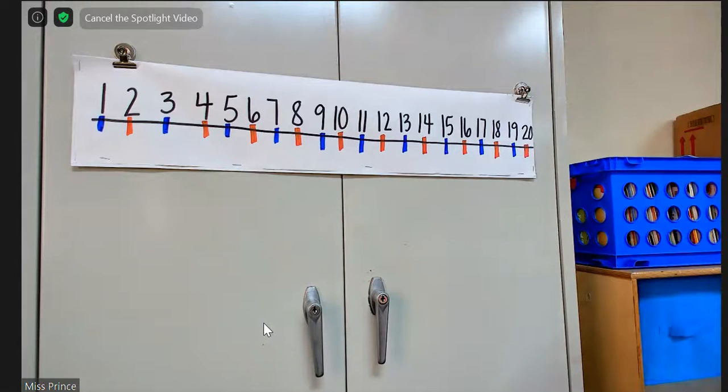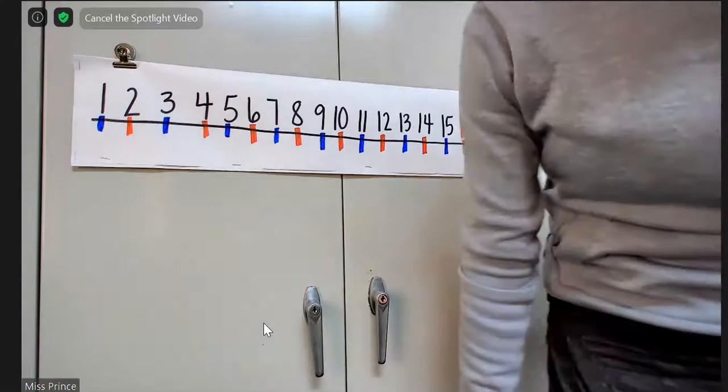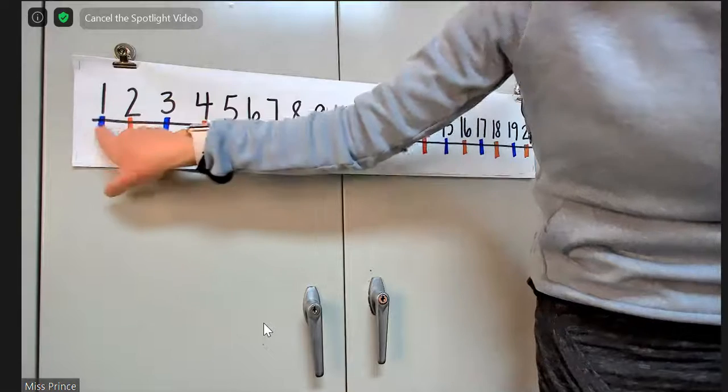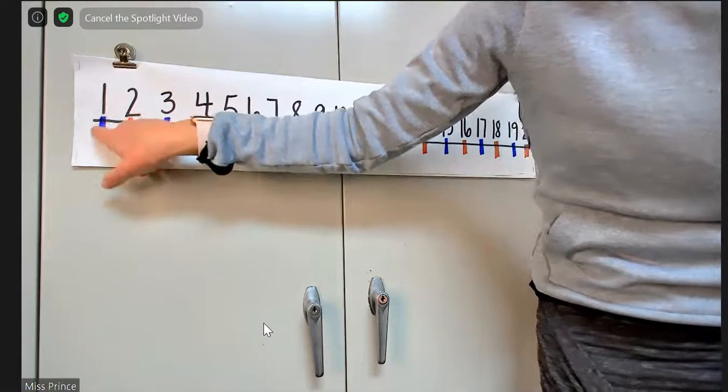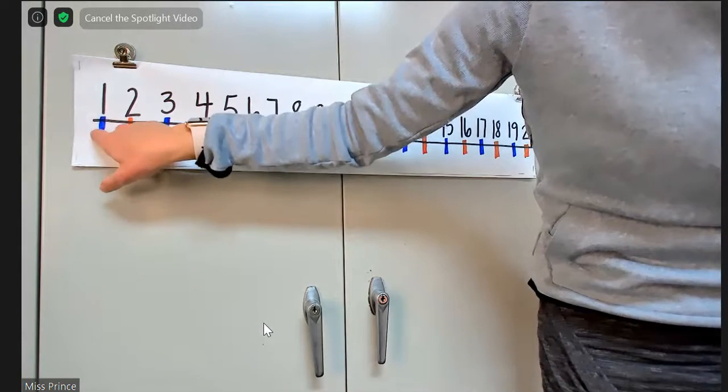Now we're going to go through and say if they're even or odd. Now remember, boys and girls, the 1 is an odd number. So we're going to start with odd.